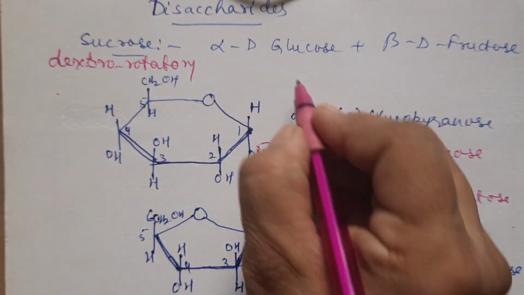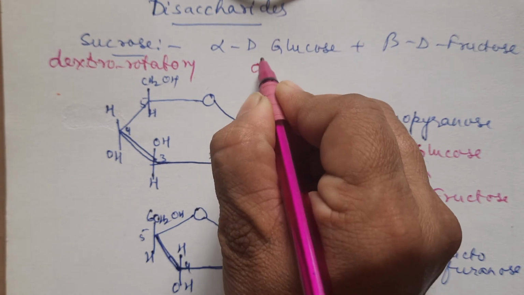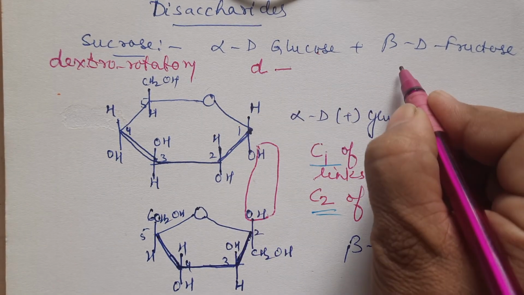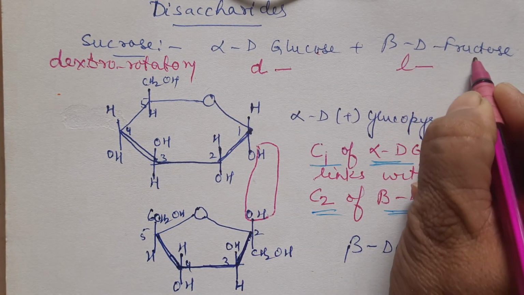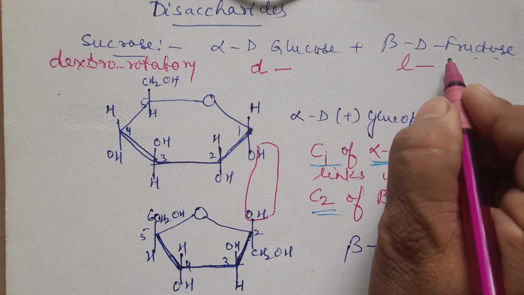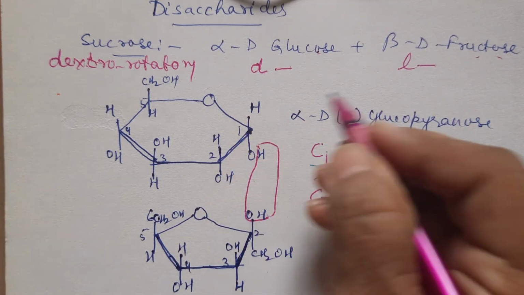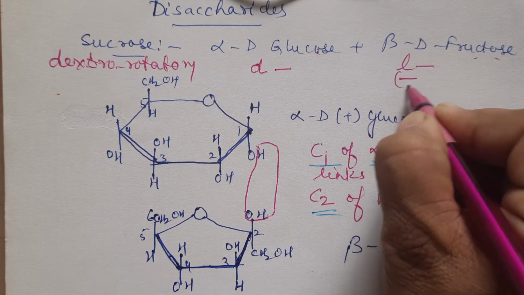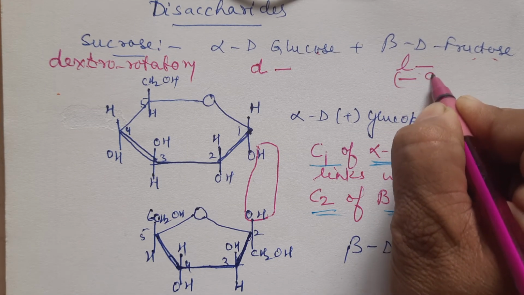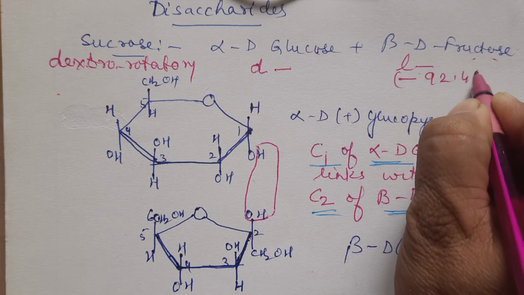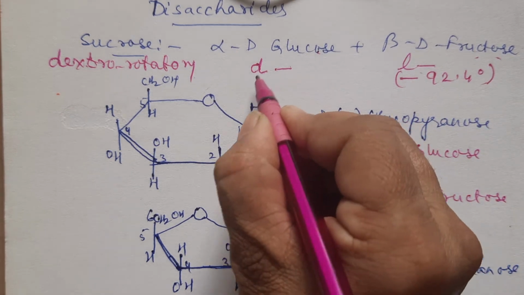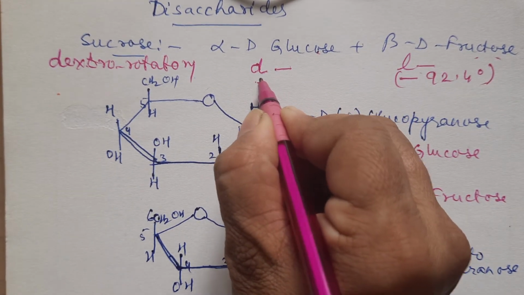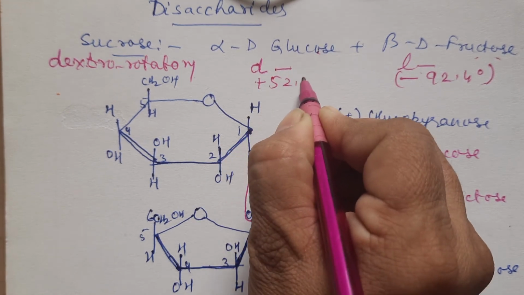But after hydrolysis, it is forming dextro glucose and levo fructose. So it's forming two. The levo rotation of the fructose, levo meaning we represent with the minus sign, is minus 92.4 degrees. And the dextro rotation is by 52.5 degrees.